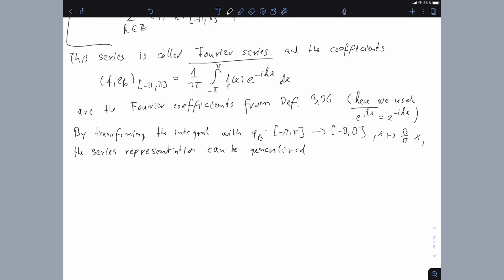So this can be generalized to L2 of minus b, b for any b bigger than 0.